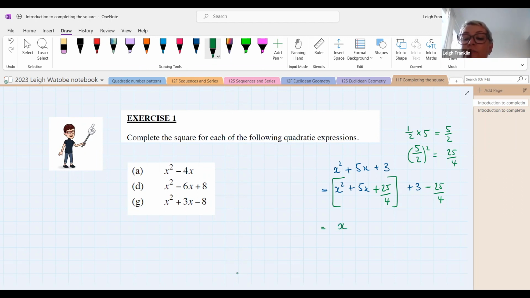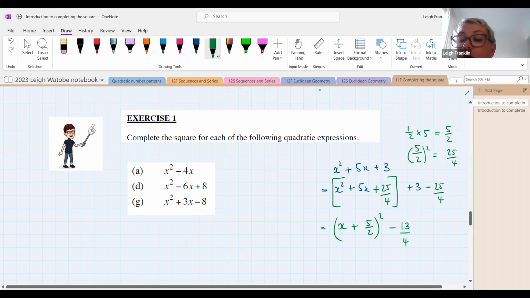It factorizes to x plus 5/2 squared. And ma'am, the 2 is from the 4. The 2 is from the 4, yes, because 2 squared is 4, correct. Okay, thank you, ma'am. Okay, no problem.